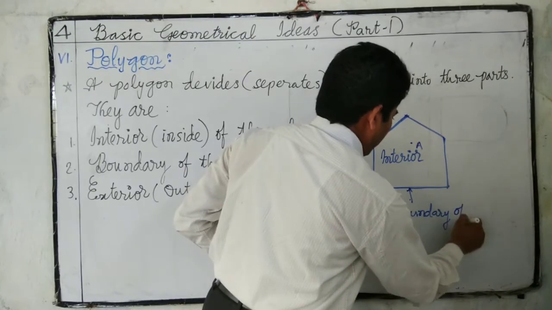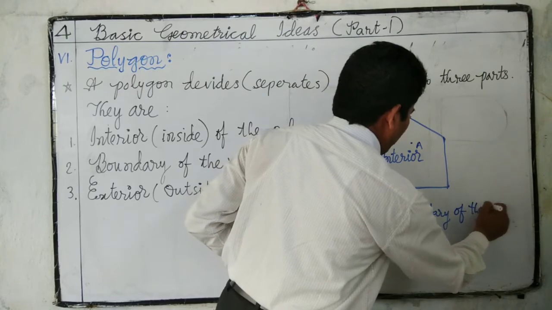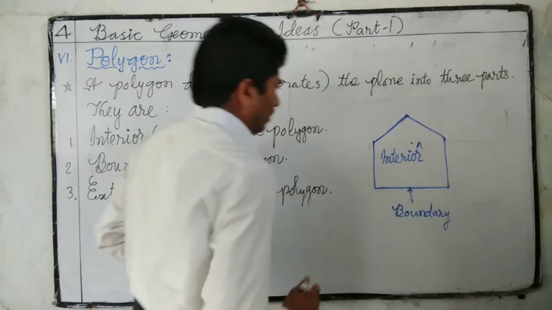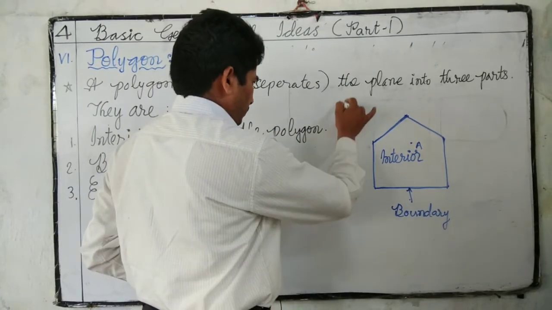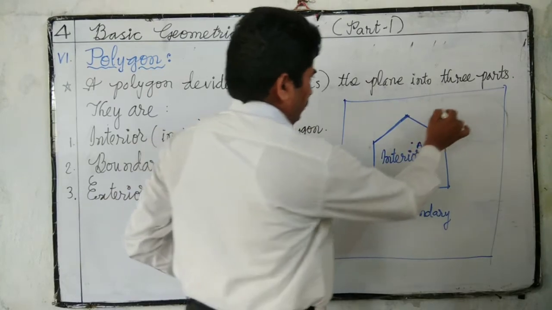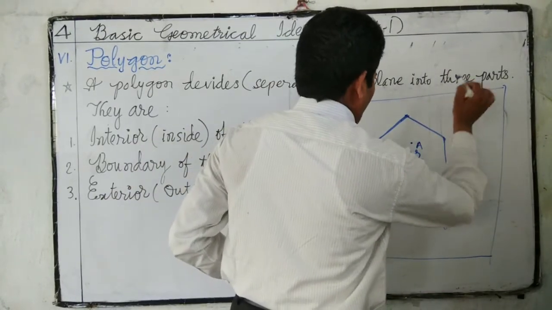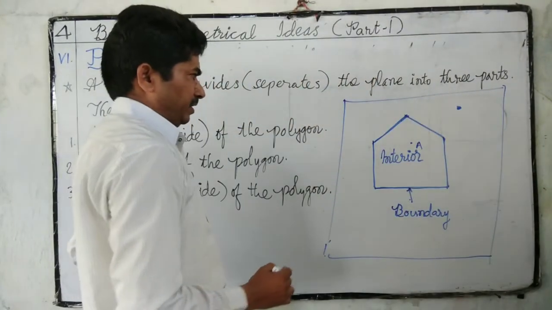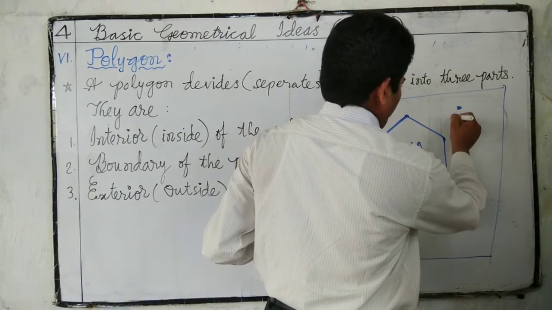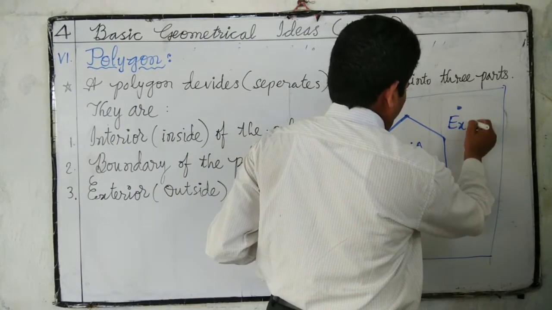This is a plane. So this outside region is the exterior of the polygon.